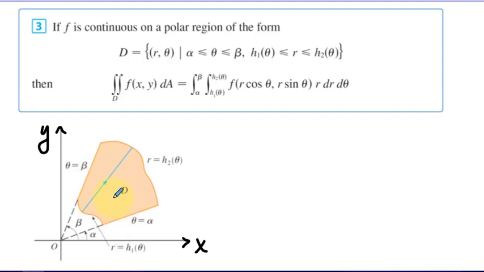So a region that can be expressed in this form, we can convert that general expression for the integration of a function over a region into a polar form in this way. Notice that alpha and beta are the outer bounds in this expression.